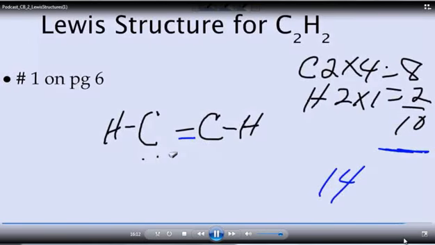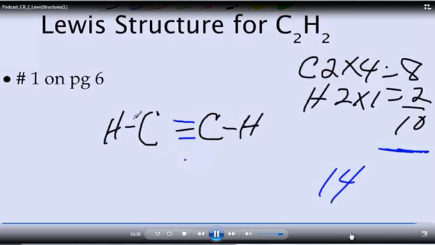So let's take this pair of electrons right here and move this inside. I've got to now erase. And when I do that, my carbon has 2, 4, 6, 8. This carbon has 2, 4, 6, 8. So everybody's got a full valence shell.